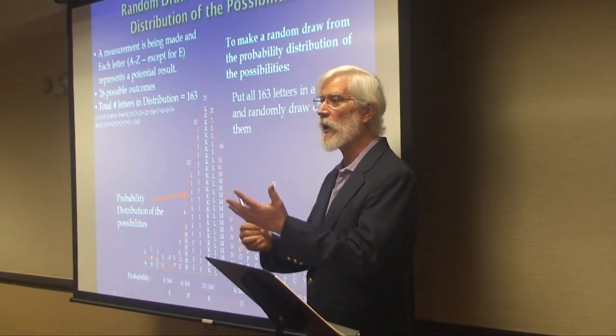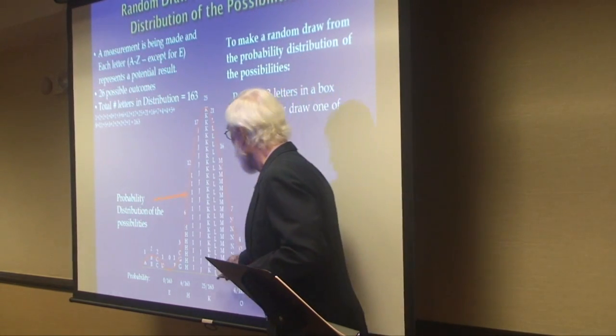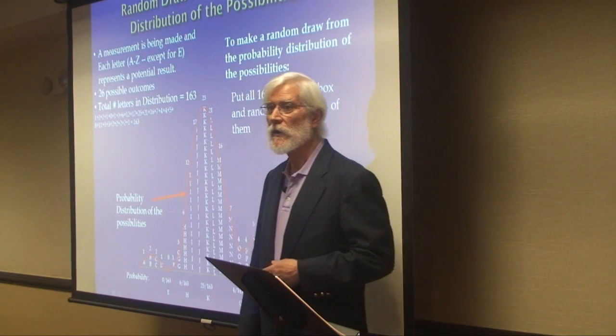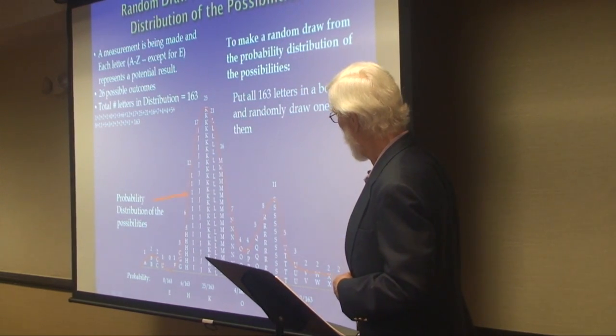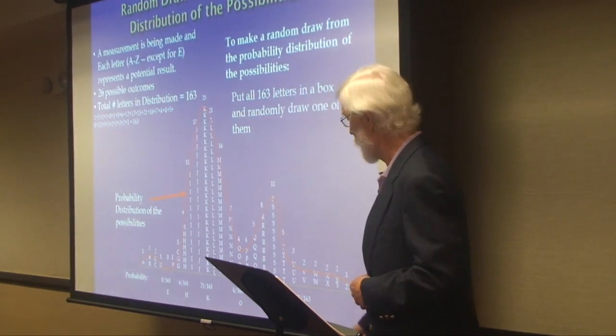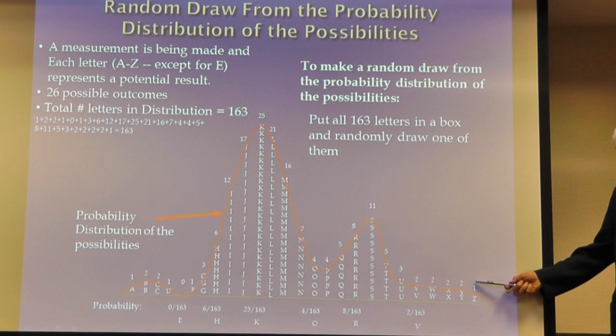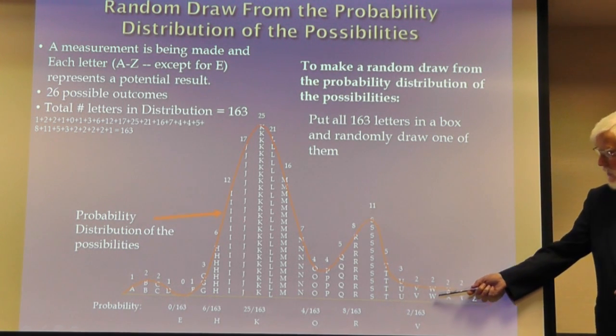You can think of a little piece of paper with a P written on it. There's only going to be 4 of those in that box. And there's going to be all these 25 K's in that box and so on. So we're going to take all these letters and put them in the box. Now if we sum all those up, we get 163. So this Z was a 1 plus 2 for Y plus 2 for X and so on, right?